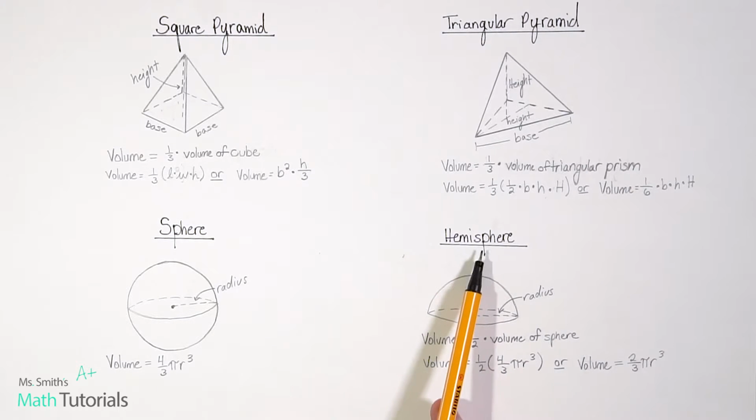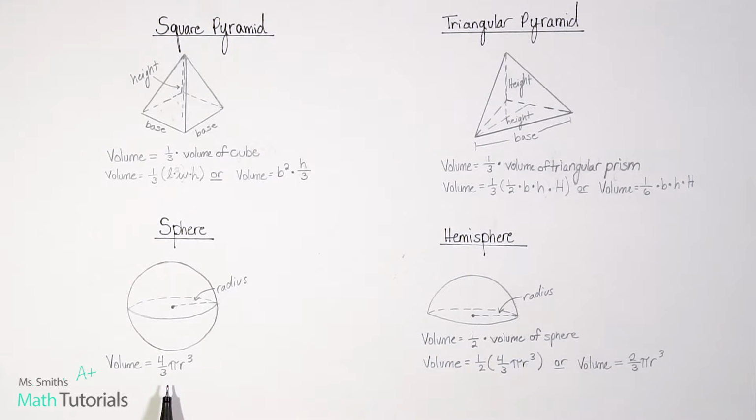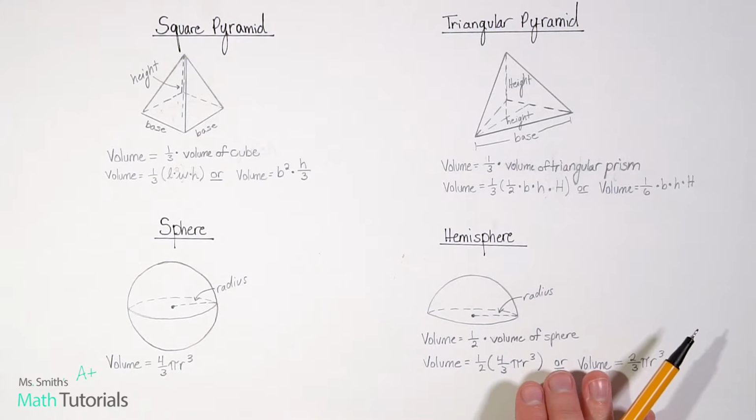Hemisphere is actually pretty easy once you know sphere. So a hemisphere is just half of a sphere, right? So it makes sense that our volume would be 1/2 times the volume of a sphere, because it's literally a globe just cut in half.